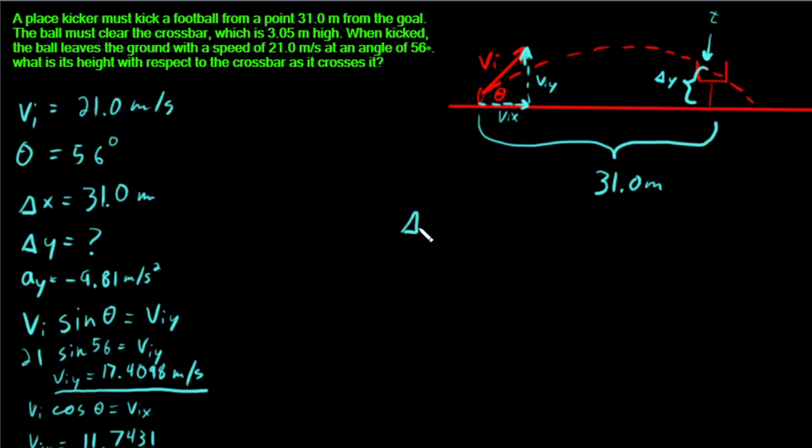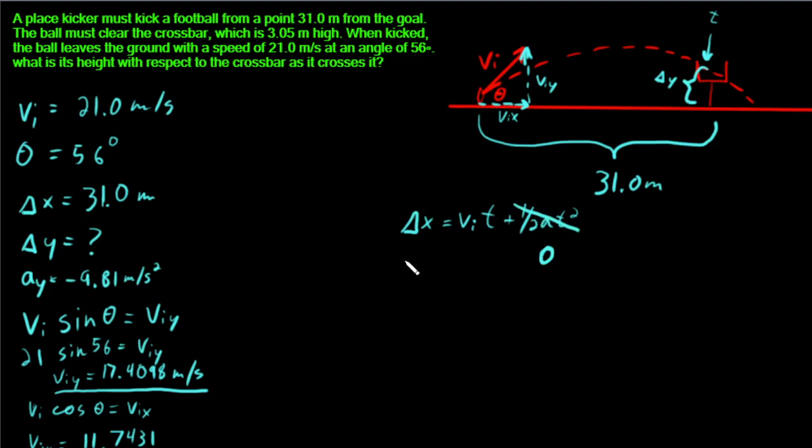I'm going to write down this equation, delta x equals VI times t plus 1/2 AT squared. Now, since the acceleration in the x dimension is 0, that's going to zero out this entire term.